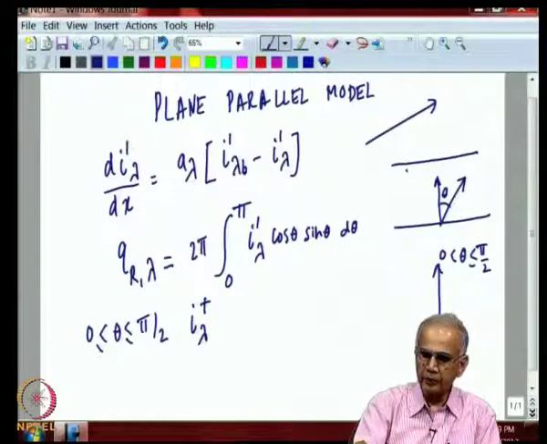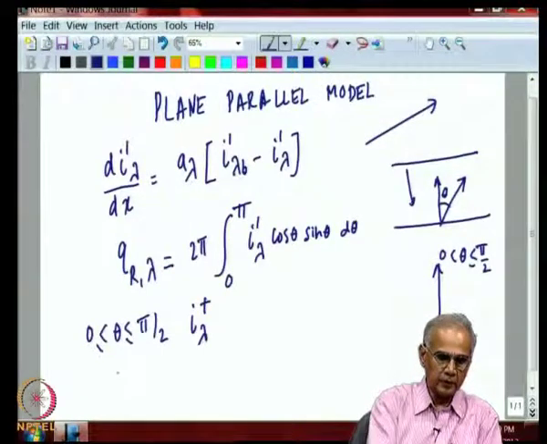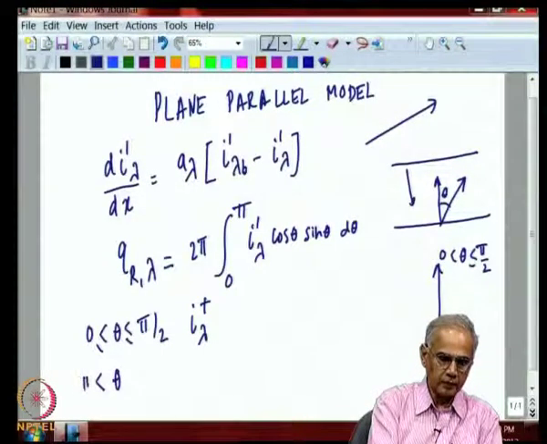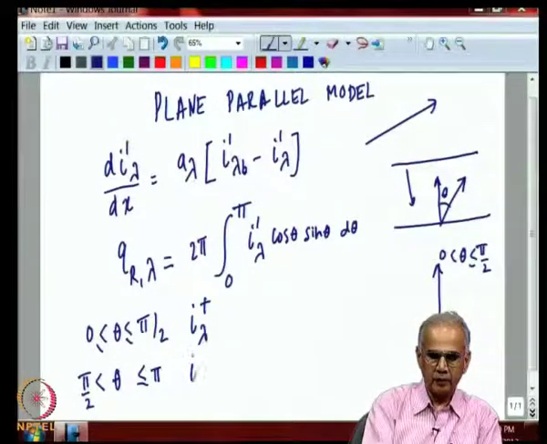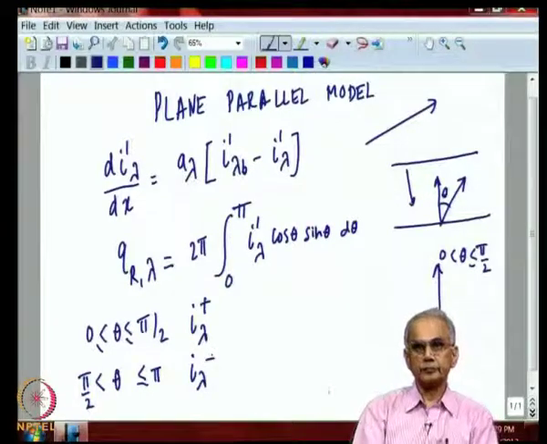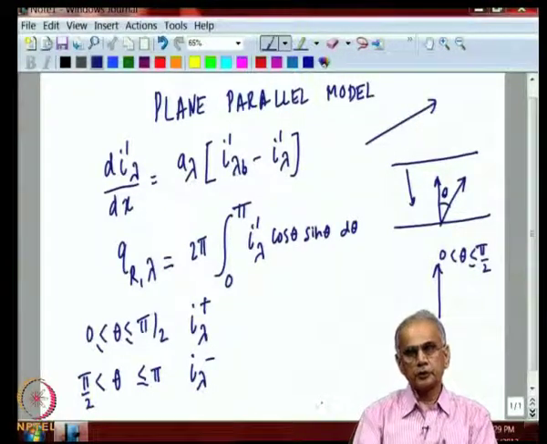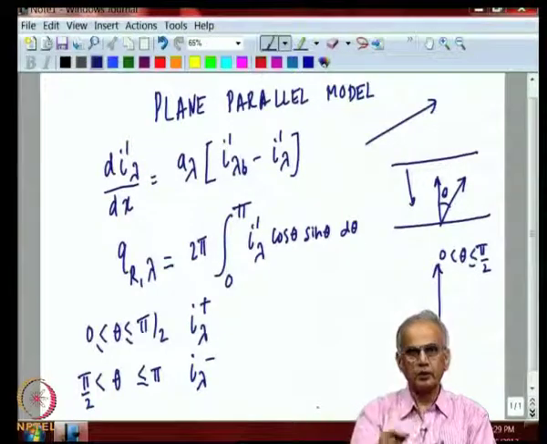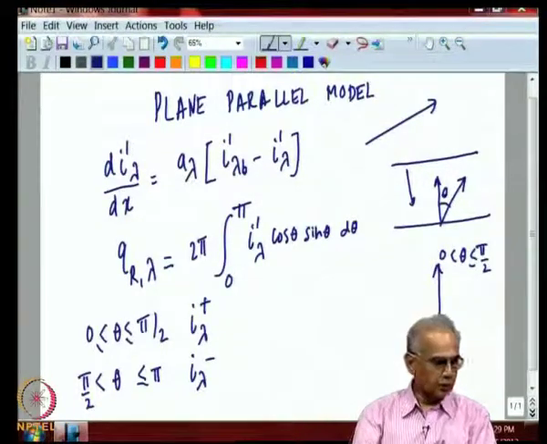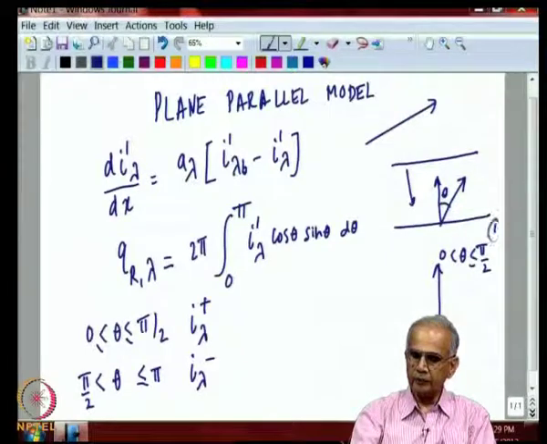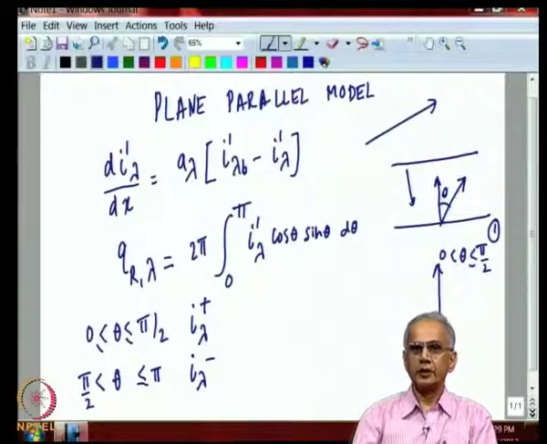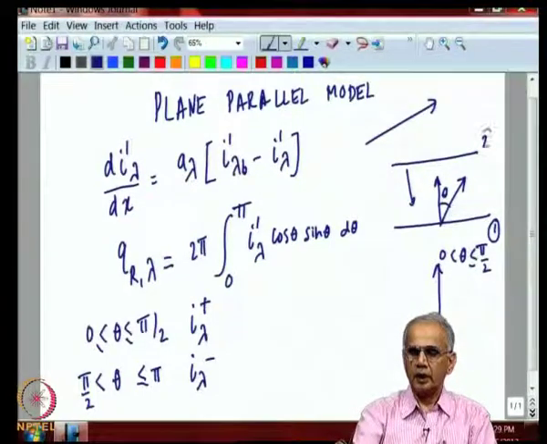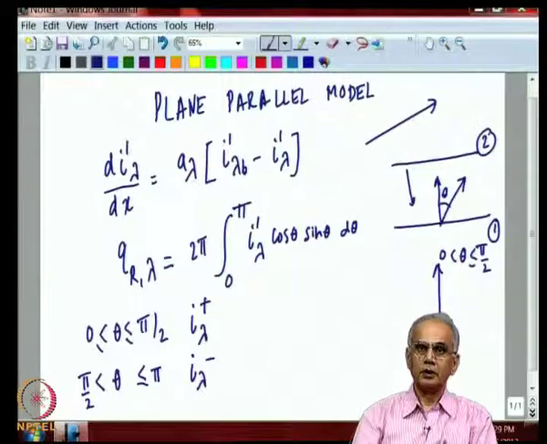For the rays moving downward from the top, that is theta greater than pi by 2 and up to pi, we call it I lambda minus. We have to distinguish between the rays going up and rays going down, because the lower surface 1 here will only emit rays going upwards, and the upper surface 2 will only emit rays going downwards.